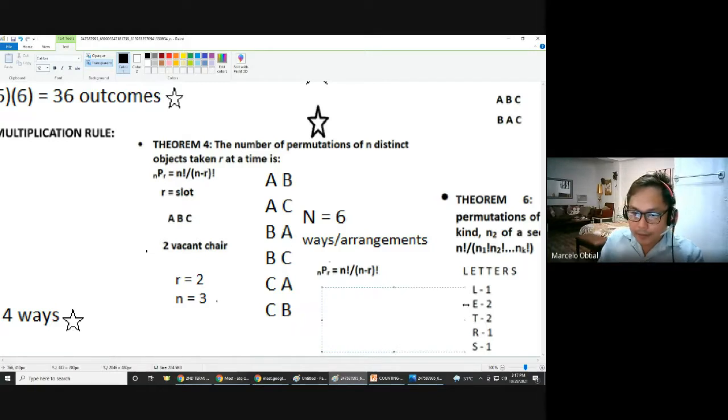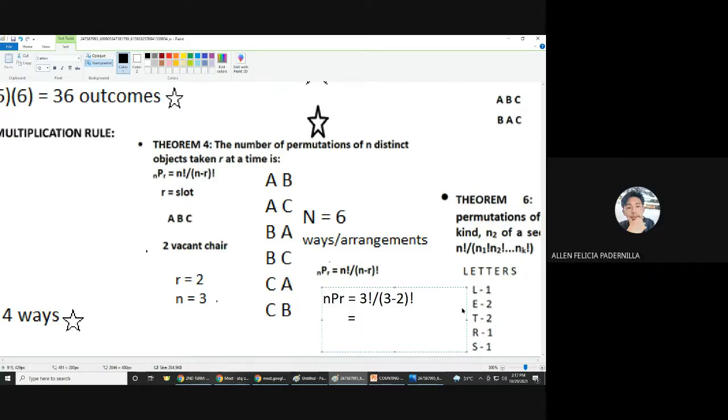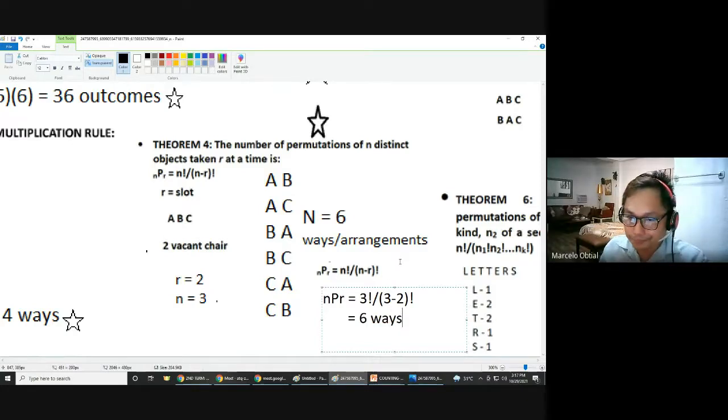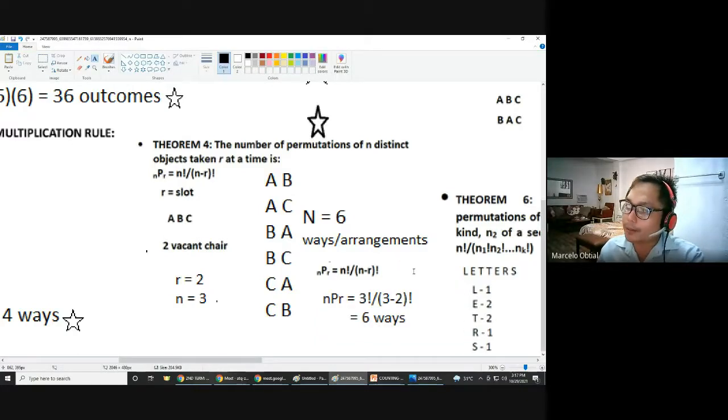What is the answer, Allen? Using your calculator, please. 6 po, sir. Very good, 6 ways. Now, there's a shortcut. I strongly suggest to please use the shortcut method. Just substitute the value here using the calculator.